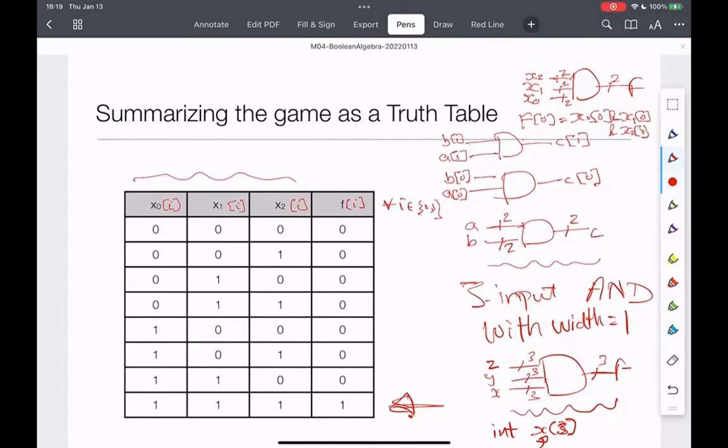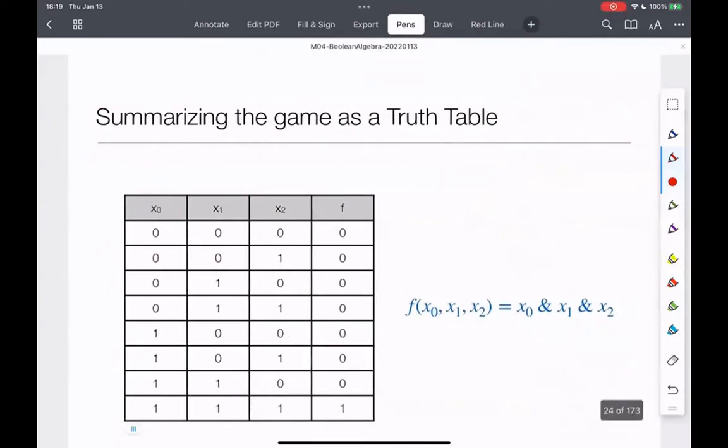Back to the one bit version, essentially I can say that the truth table here really corresponds to this function. This is the Boolean function. Oftentimes what the inputs are is kind of obvious, so you can just write it like this.